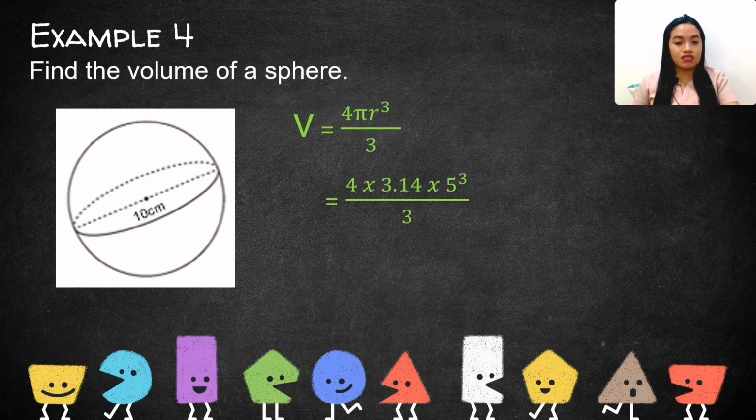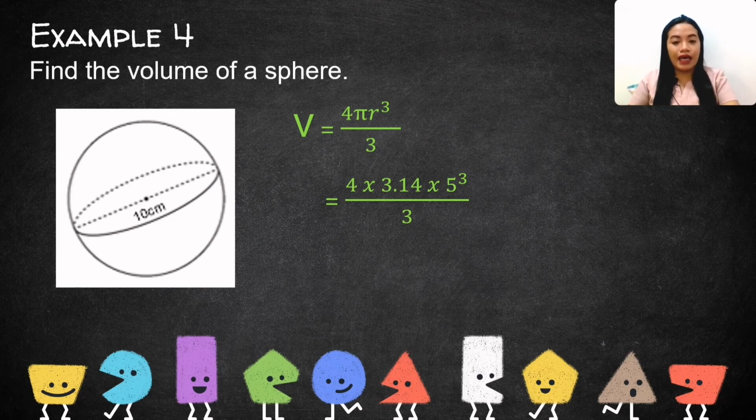Okay, now let us solve having the formula of 4/3 pi times r raised to 3. So 4 times 3.14 times 5 raised to 3. 5 raised to 3 is equal to 125. 5 times 5 times 5 is equal to 125.